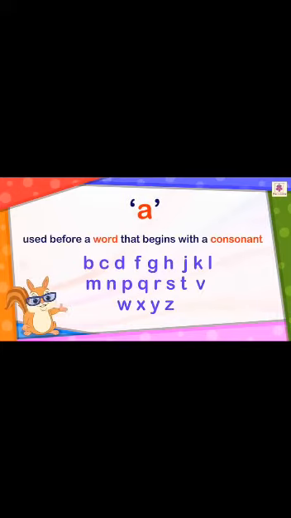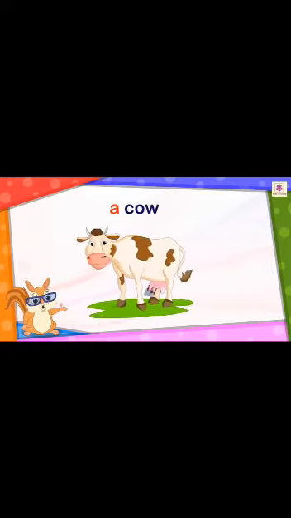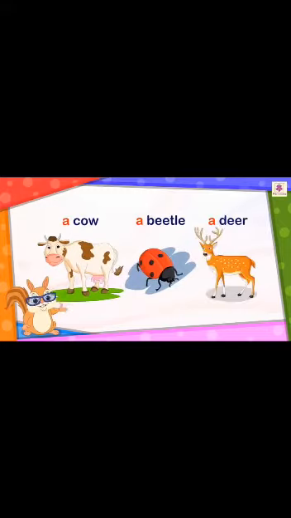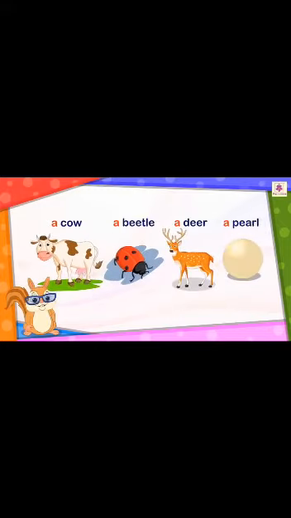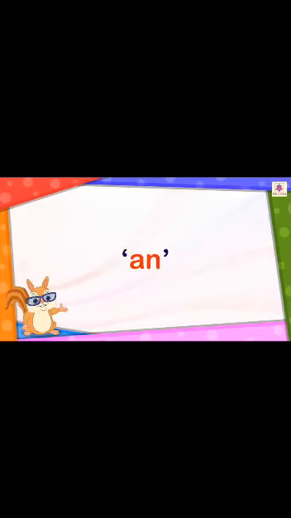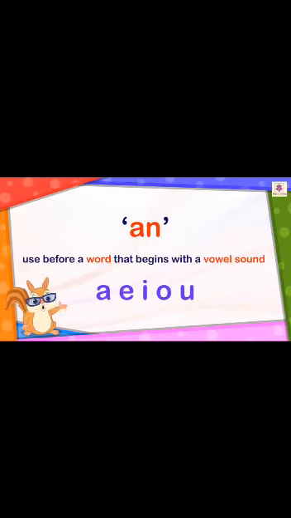A is used before a word that begins with a consonant, such as a cow, a beetle, a deer, a pearl. We use an before a word that begins with a vowel sound.